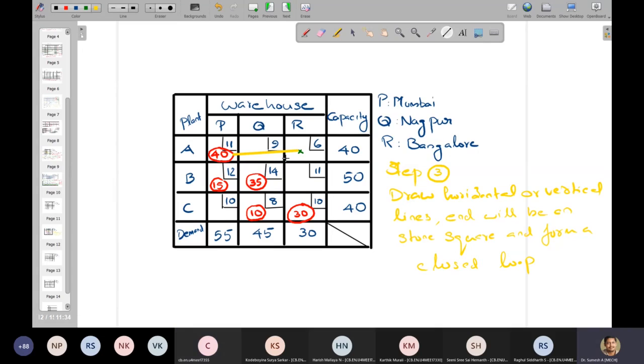From AR, I am drawing the line to AP. Next vertical line, AB. Next horizontal line, BQ. Another vertical, another horizontal, and then another vertical. Now, is a closed loop formed?